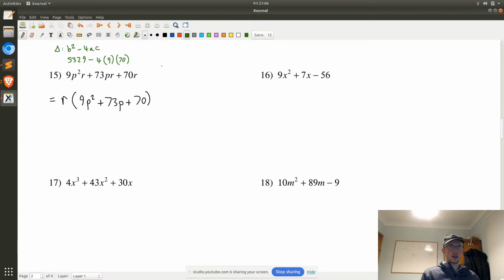And 2520 taken away from 5329 is 2,809. And 2,809 is a perfect square. It's the square of 53. And so that means a factorization of this thing does exist. So we just have to find it.